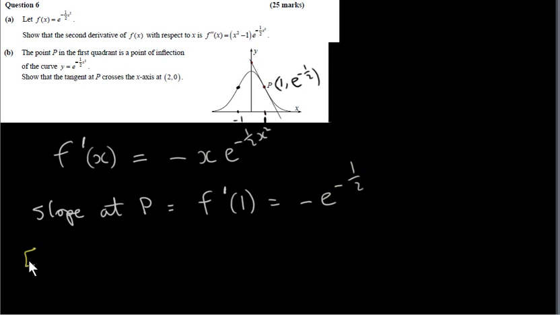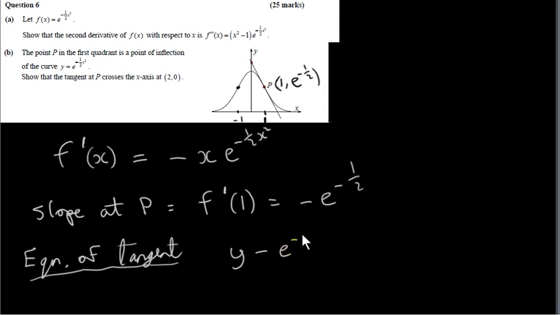So now we can get the equation of the tangent. So to get the equation of the tangent, we just have y minus the y value of P, which is e to the minus a half.